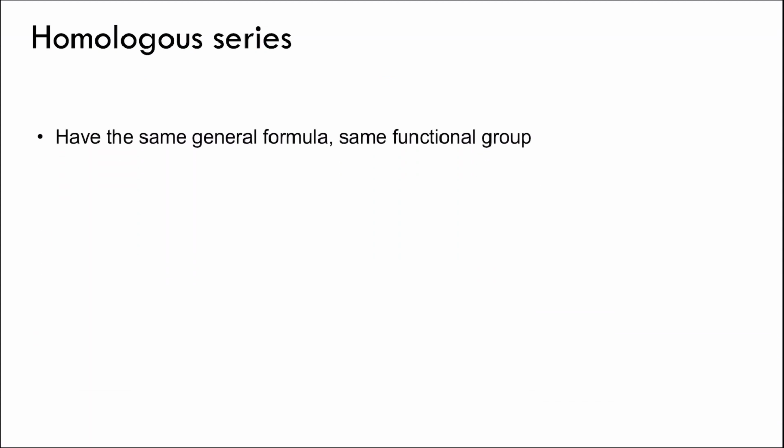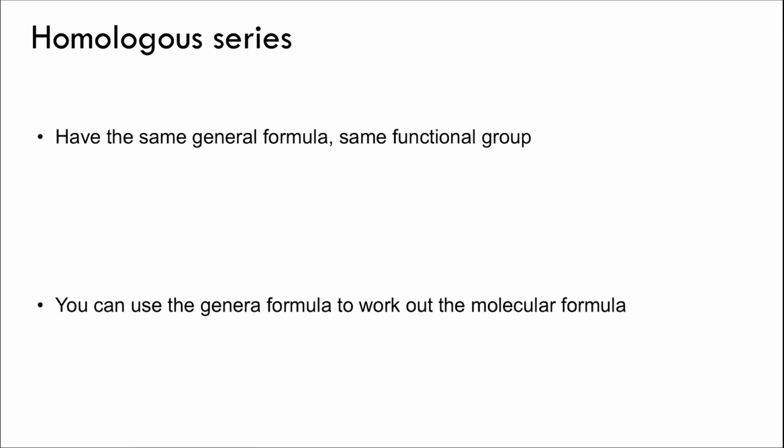All the different classes of organic molecules we're going to learn about constitute or form what we call a homologous series. And homologous series are series of compounds which all have the same general formula and the same functional group.